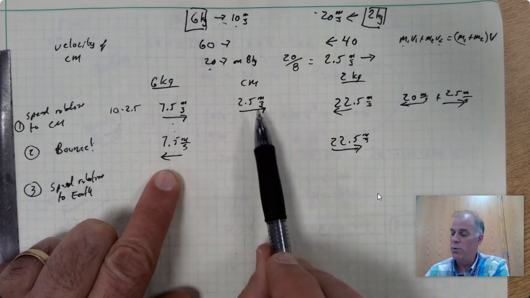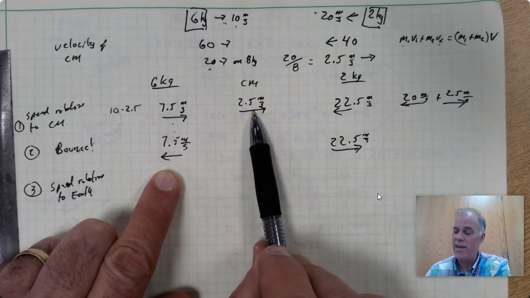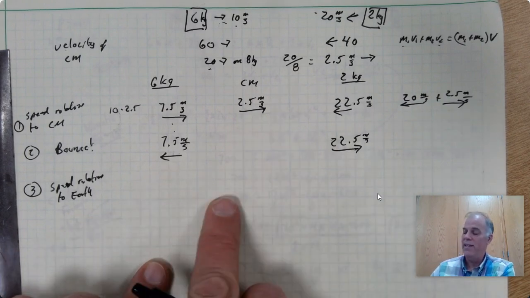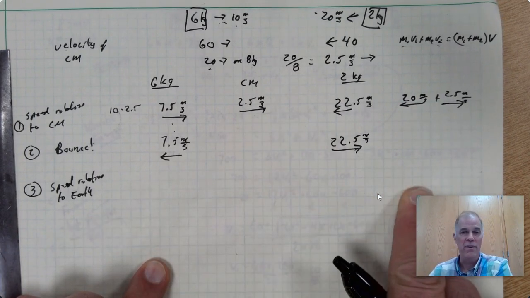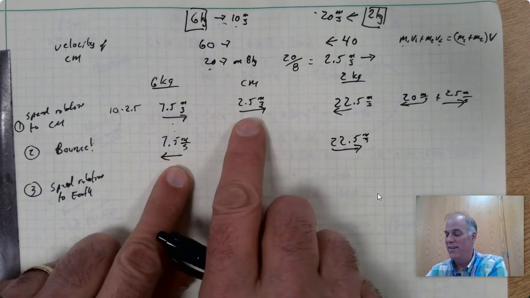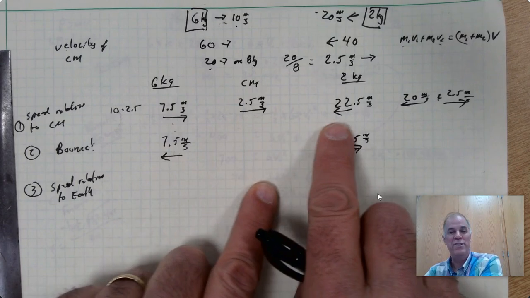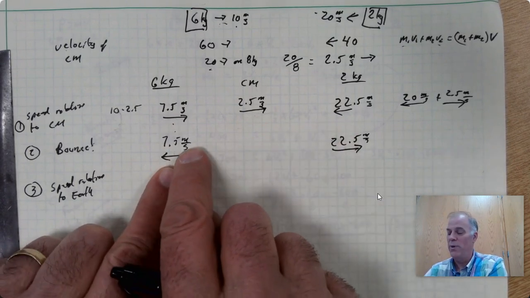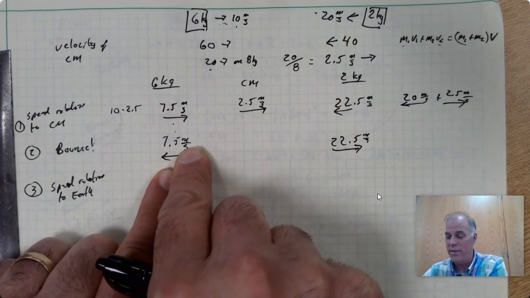The 6 kilogram block is moving away from the 2.5 meters per second, but the 2.5 meters per second is itself dragging over the ground. Okay, so this is kind of trying to go backwards because it's relative to something which is moving to the right. So that means that the speed relative to the ground is going to be slower than this.